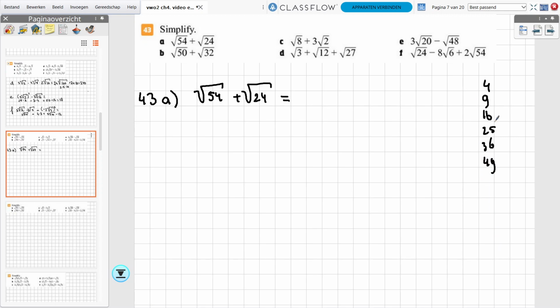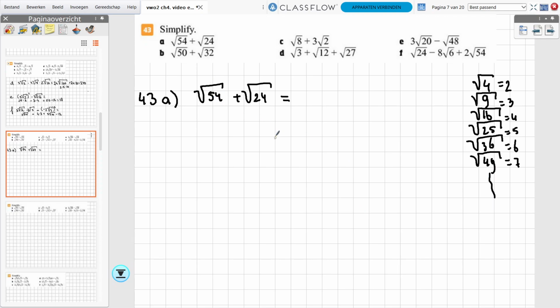Those are numbers that you can calculate the root of, because you know the root of 4 is 2, the root of 9 is 3, and the root of 16 is 4. And you can continue like this for all those numbers. Those are going to help us factorize.